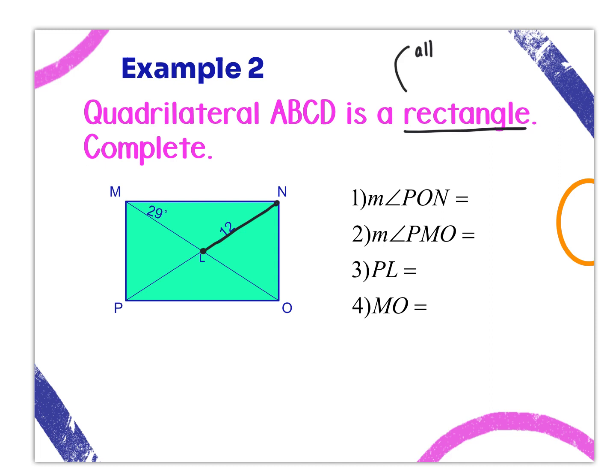I know all 4 angles are congruent or equal to 90 degrees, right? I know that the diagonals are congruent as well, okay? So again, I know that this angle here is 90, this one has to be 90, this one's 90, and this one's 90.